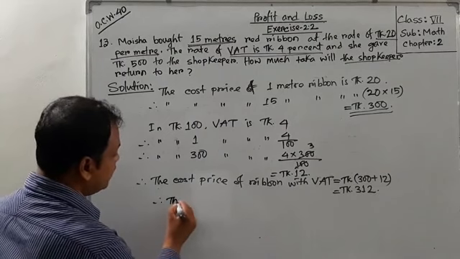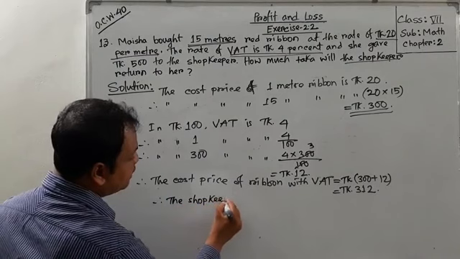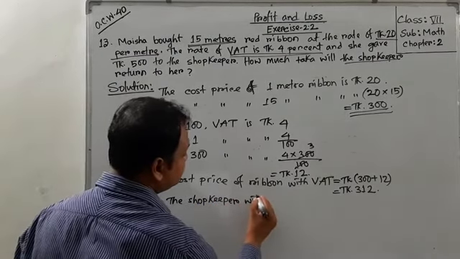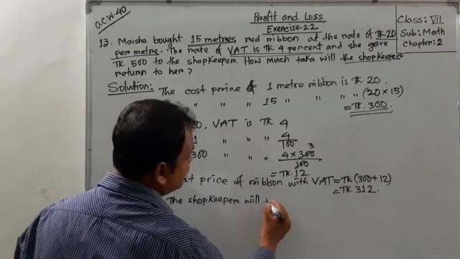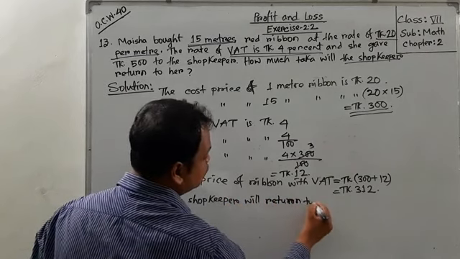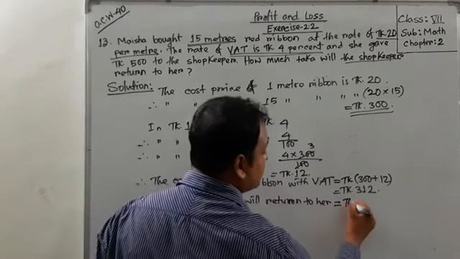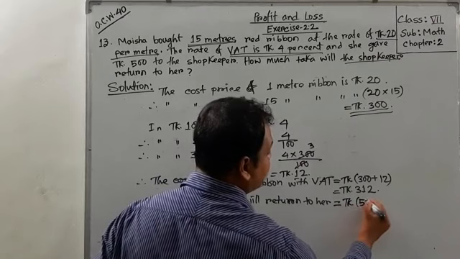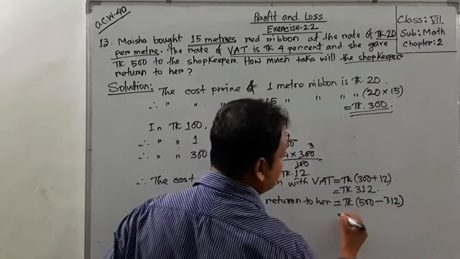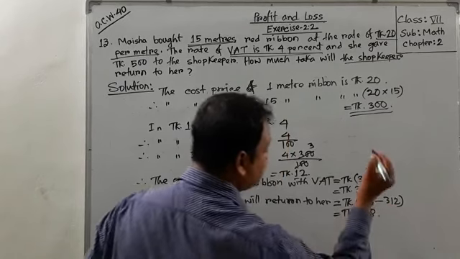Therefore the shopkeeper will return to her equals taka 500, total costing with VAT 312. Then it will be taka 188.